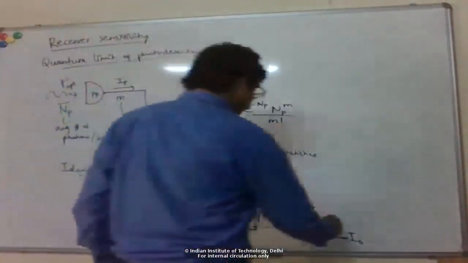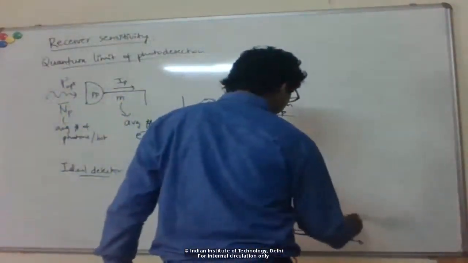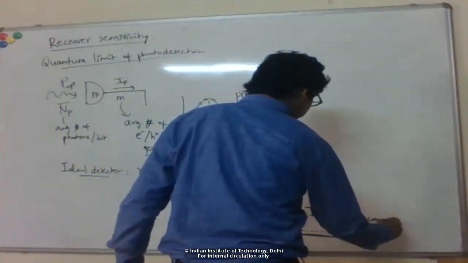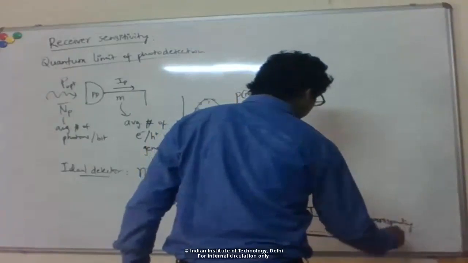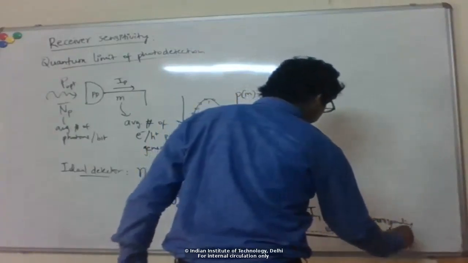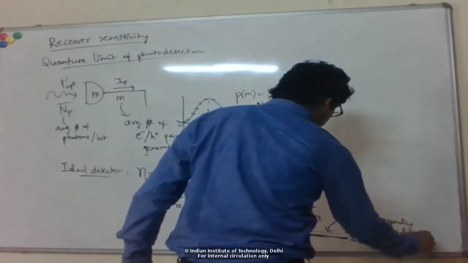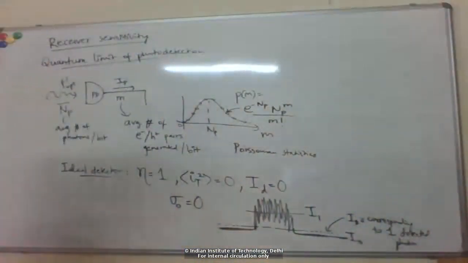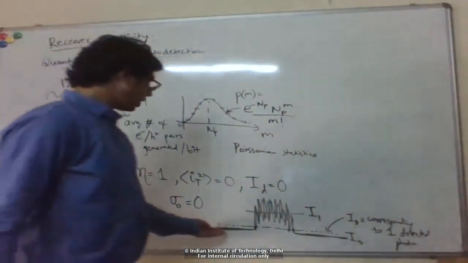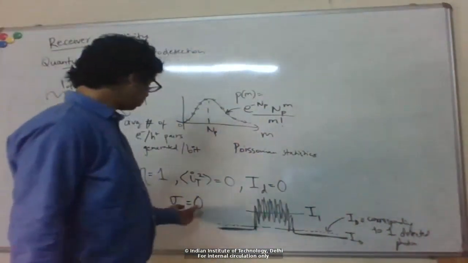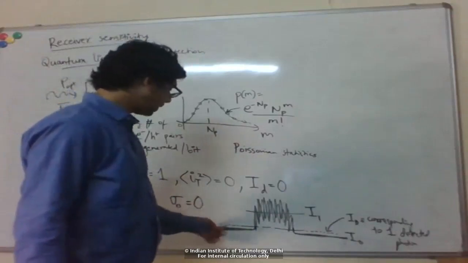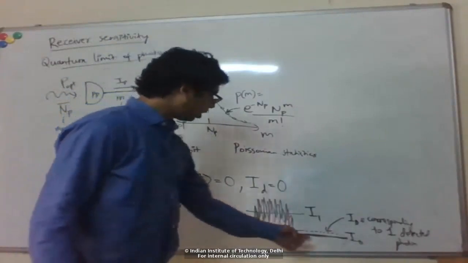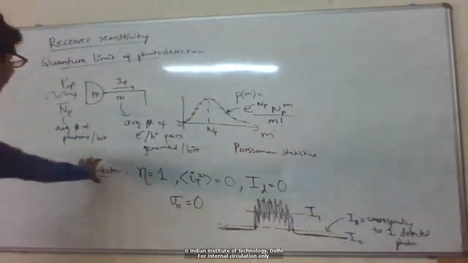And basically, what you want to do is set this threshold corresponding to one detected photon. Because we know that for bit 0, there are no photons and the noise is also 0, so there is no way I'm going to detect any photon for bit 0 in this ideal detector limit.